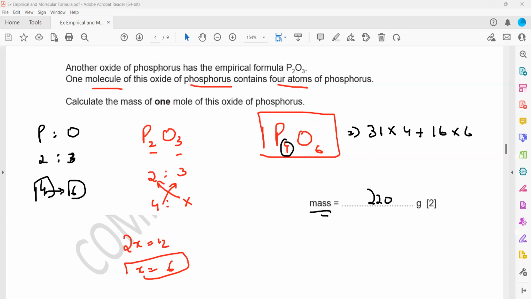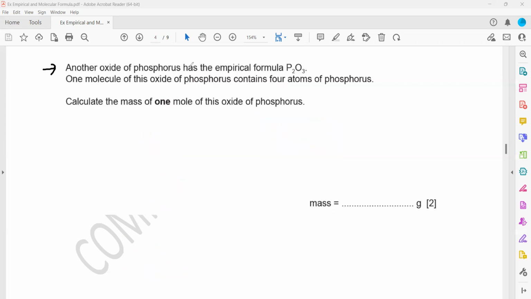Look, in the question, we have a phosphorus oxide with a formula of P2O3, the empirical formula. Empirical formula means it represents the simplest ratio between the atoms. So the simplest ratio between the atoms is 2:3. They are asking what is the mass of a compound which has 4 phosphorus.